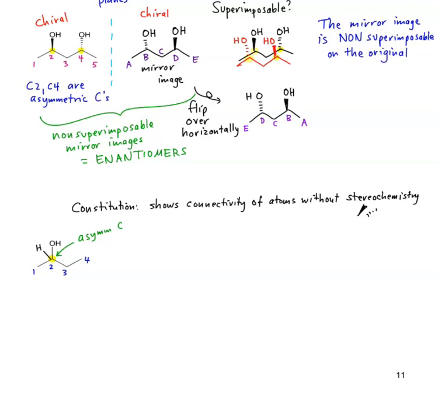So what we can say then is that because there's only one asymmetric carbon in this structure, the structure does represent a chiral molecule. It just doesn't specify which enantiomer.